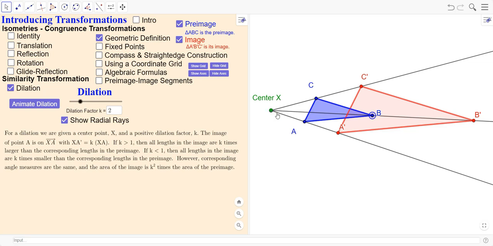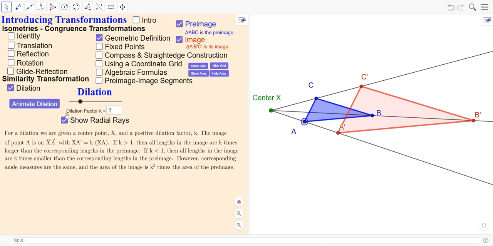They start at X, go through the pre-image point A, and somewhere on that ray will be the image A prime. Similarly, on this ray going from X to C, you will see C prime there, and similarly for B prime. Okay, well, how far out do you go? Well, there's where the dilation factor comes in. The distance from the center to A, you do K times that, in this case twice as much, will get you to A prime. Can you see that?